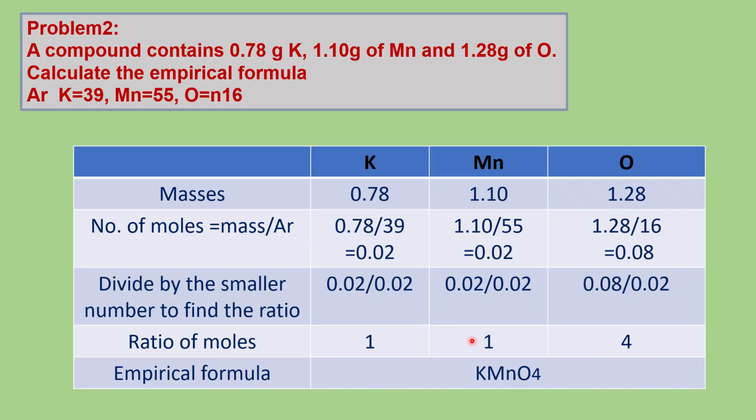For manganese, it's also 1. But when you divide 0.08 by 0.02, you get 4. So the ratio of moles is 1 mole of potassium, 1 mole of manganese, and 4 moles of oxygen. And therefore, the empirical formula is KMnO4. 1 is not written, that's why it is KMnO4.